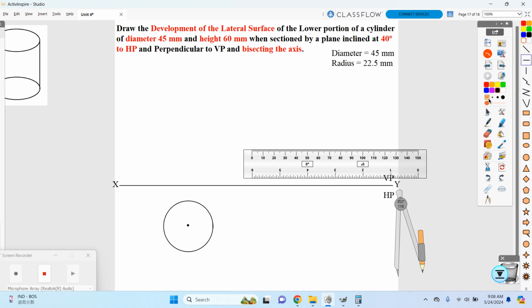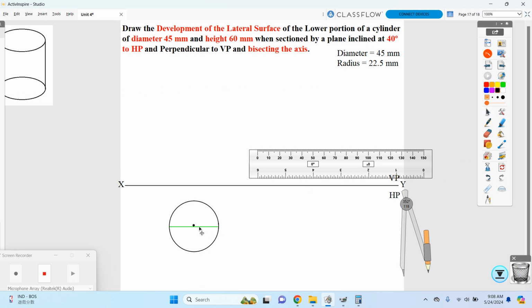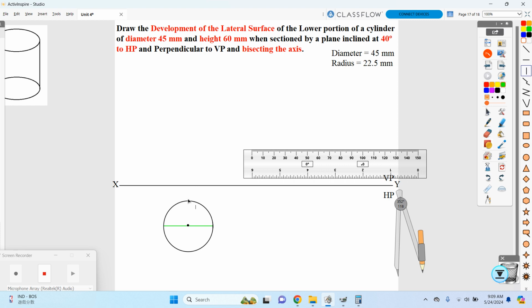Now we are going to develop our plates, that is your reference. We are going to split this into 8 equal parts.